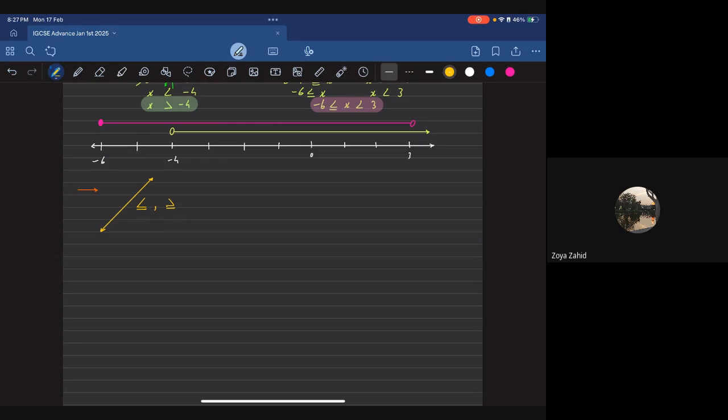And at the same time, if a line is dotted like this, that means it's just greater than or less than. Is there anyone who does not understand this? All right.